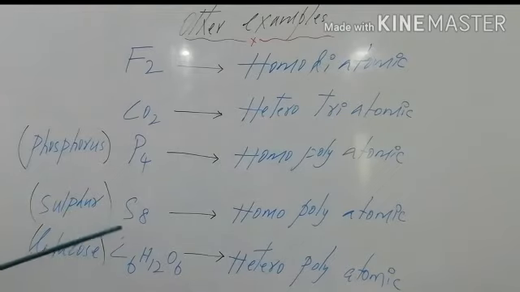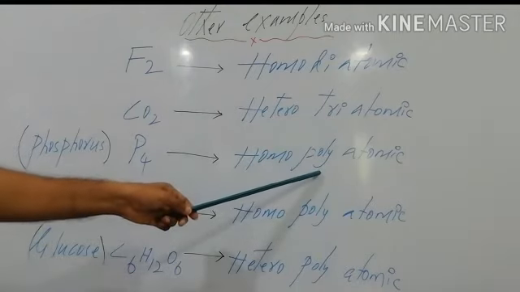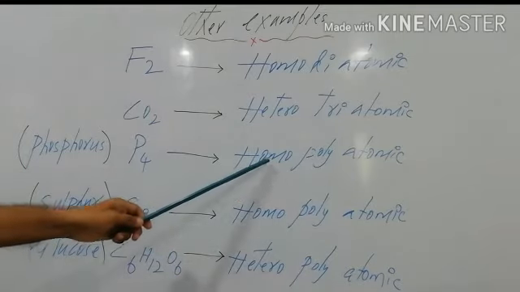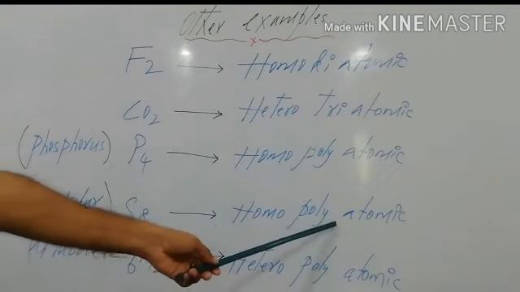Then phosphorus, P4 is given. It contains 4 atoms. That is the reason we call it polyatomic. And since they are similar, it is called homopolyatomic. S8, that is sulfur. Since it contains 8 atoms, we call it polyatomic.